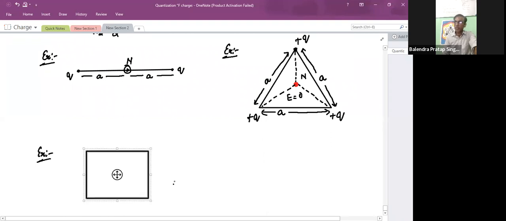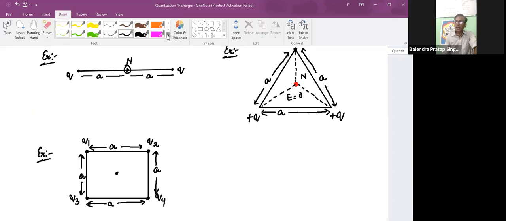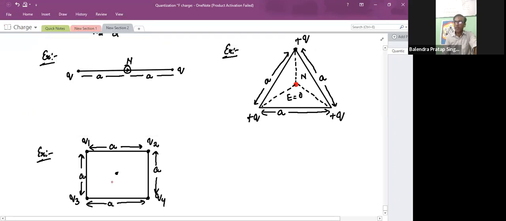If I put four charges, Q1, Q2, Q3, Q4, and these four charges are separated by equal distance A, here is A, here is A, and here is A, then in this case the neutral point will exist at the center of this square, somewhere here, and here the electric field will be 0.